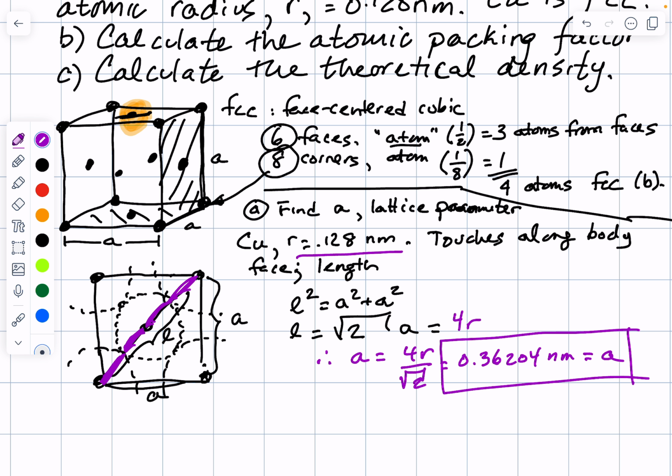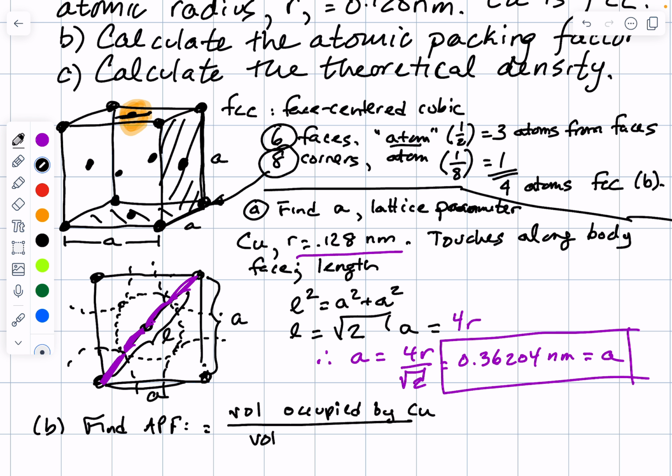So in B, it's find APF, atomic packing factor. That will equal the volume occupied by the copper divided by the volume of the unit cell. And so we'll address this in part 2, which will be in the next segment.